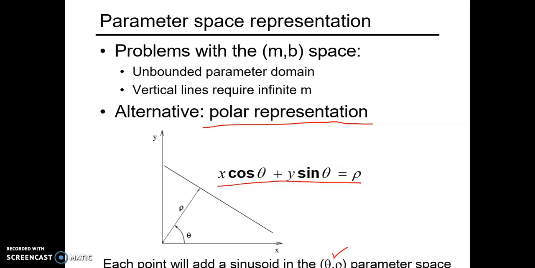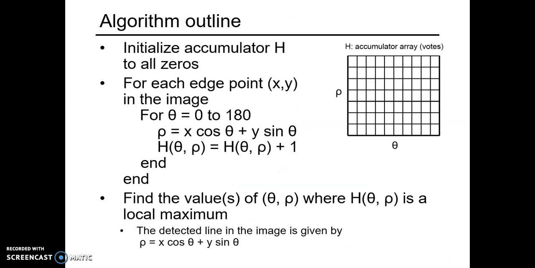In the previous case, we transformed to the m-b plane, that means the slope-intercept plane. Here we are going to transform to the theta-rho parameter space, that means angle and perpendicular distance. If you are doing so, you have to follow the algorithm. First of all, you have to initialize an accumulator array with all values equal to 0.